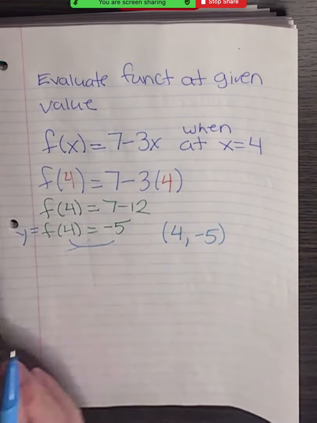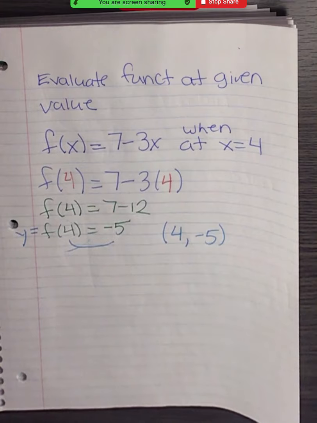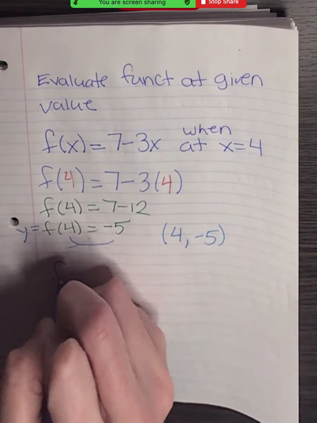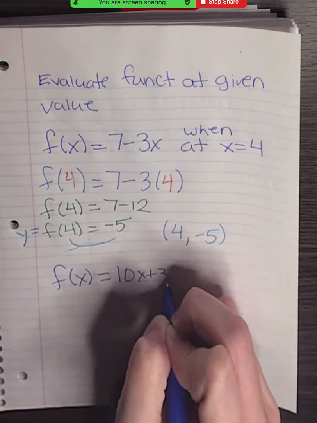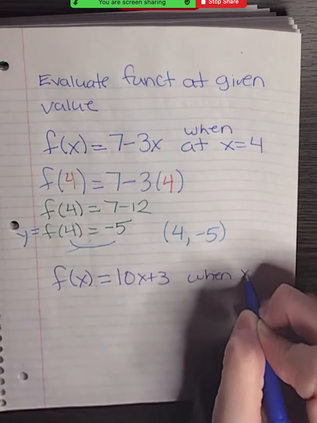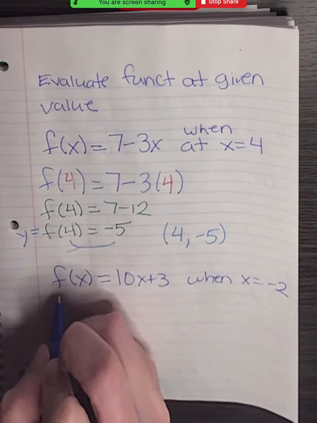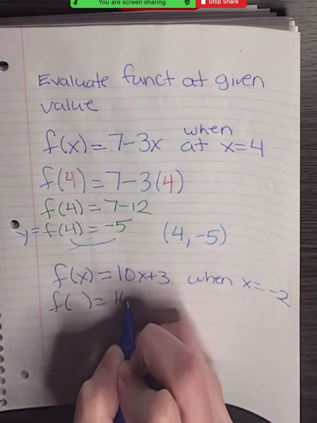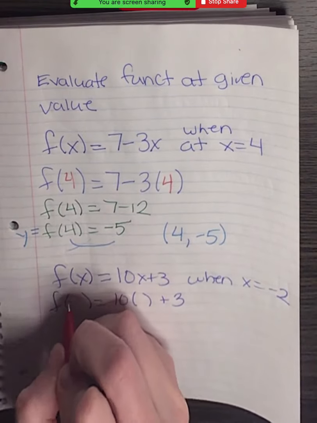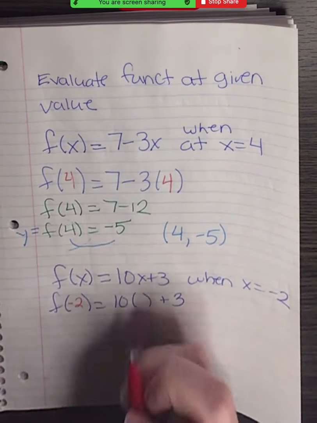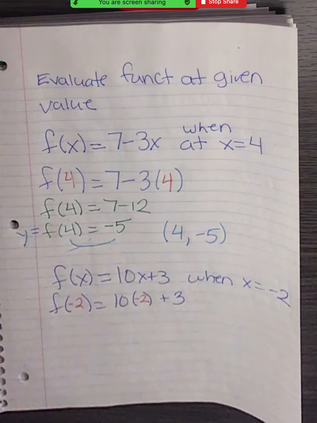Do not divide by f, or do not divide by 4. F is not a variable. It is saying you have a function. So f of x equals 10x plus 3 when x is -2. So f of -2 equals 10 times -2 plus 3.